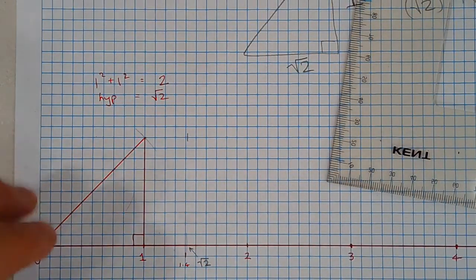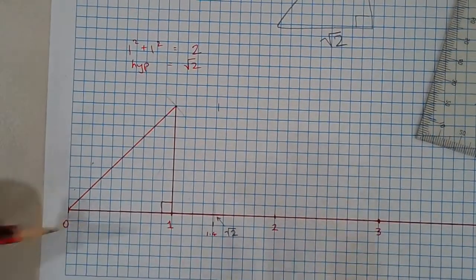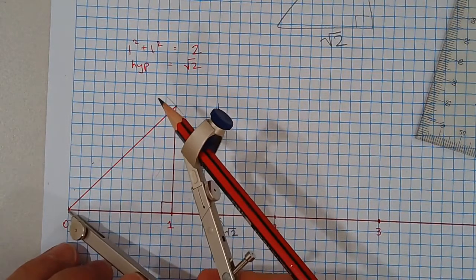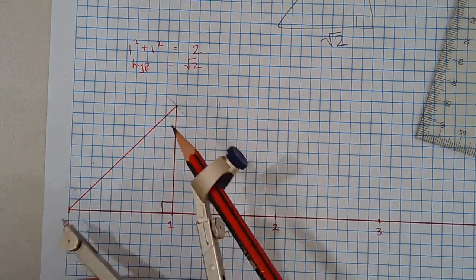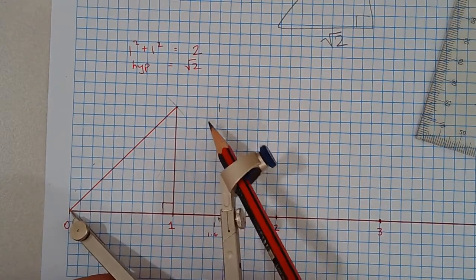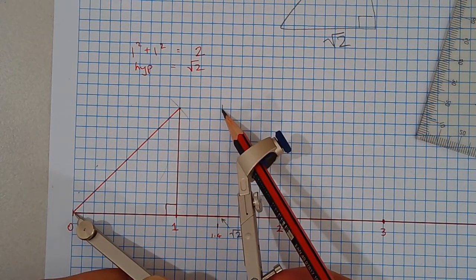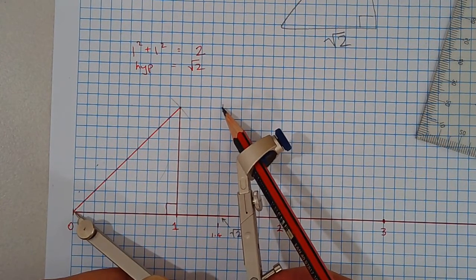Take the pair of compasses, and we're going to open it up from 0 to, this will be the equivalent of square root of 3 now.